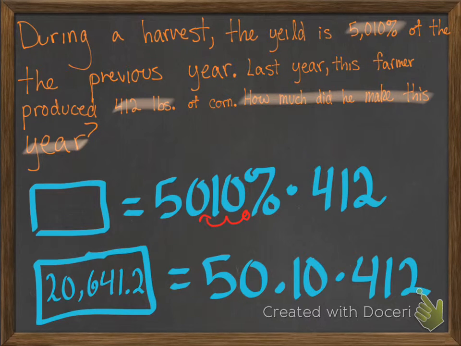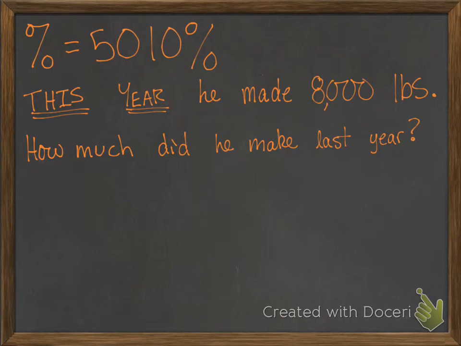Now, something that some of you struggle with is, what if you're given the part and not the whole? So in other words, if you have the part equals percent times whole, you struggle if this is a number and this is a number and this is a variable. So let's look at that example. So same data from the last question, 510% increase, or 510% of the previous year.